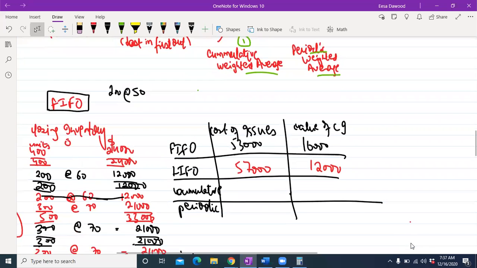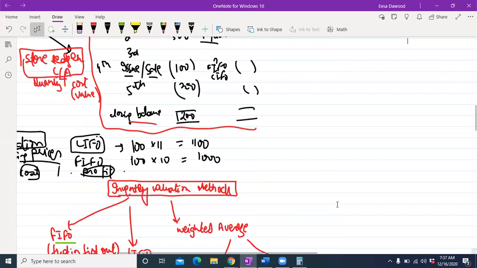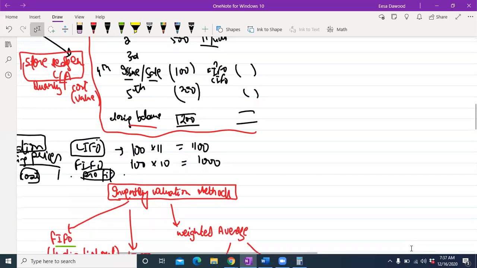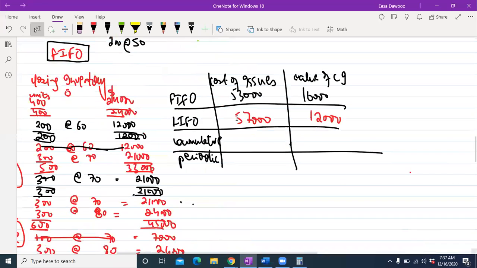Okay, next we are going to do the cumulative weighted average. In cumulative weighted average, how are we going to do that?